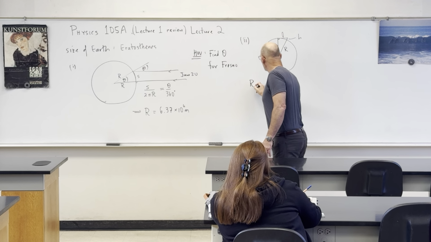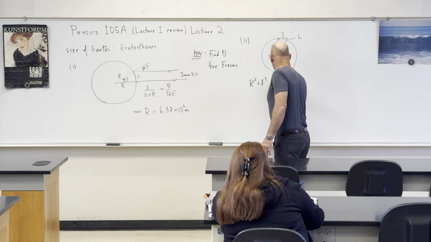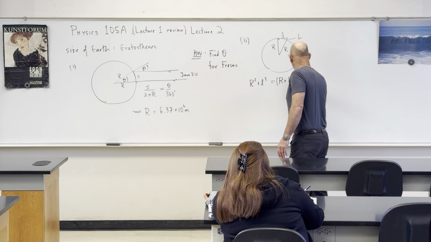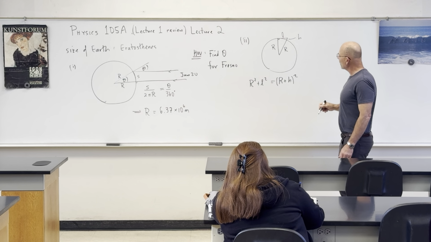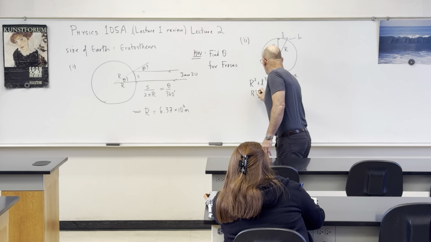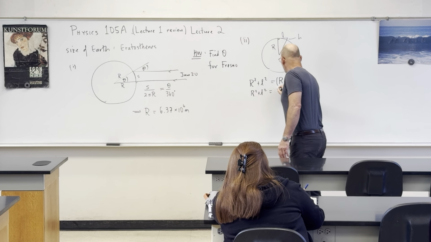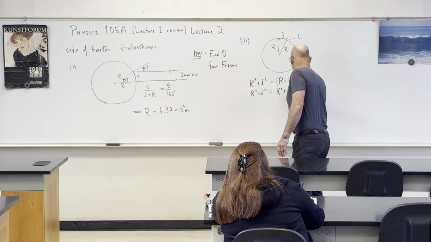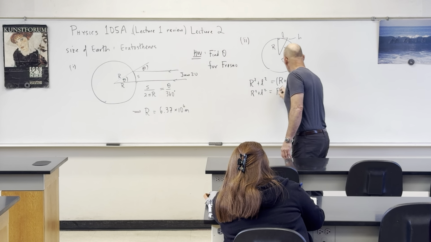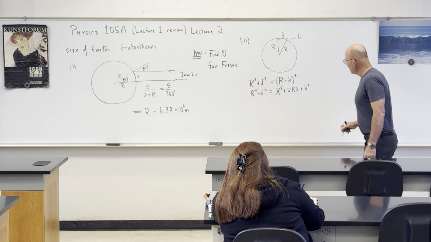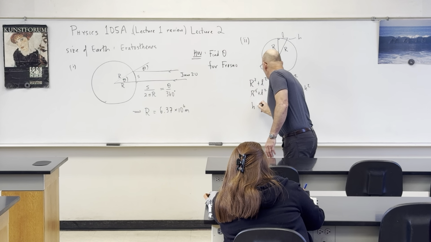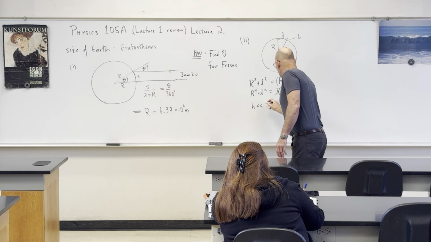So we've got r squared plus L squared equals (r plus h) quantity squared, by Pythagoras. And we expand this out. We have r squared plus 2rh plus h squared. We can drop the h squared term, since we're going to keep h much less than r.